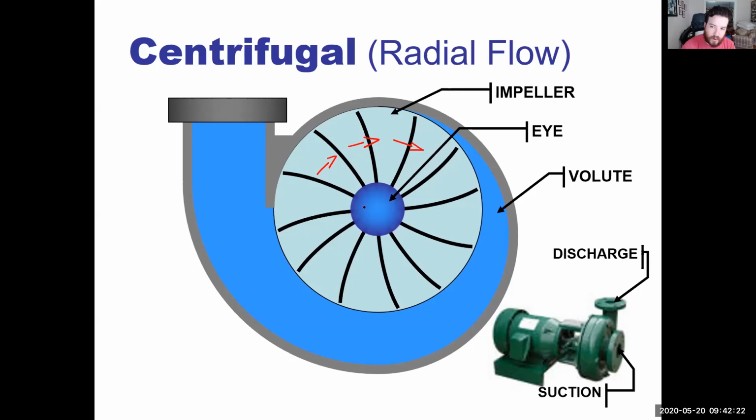So when the water is coming out of the eye, it's going out in all directions. It's not just coming up and going straight up. It's flowing out. And as it's flowing out, it's getting hit by basically these fins here.